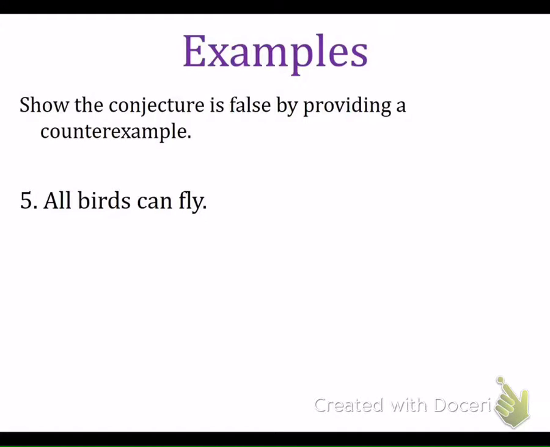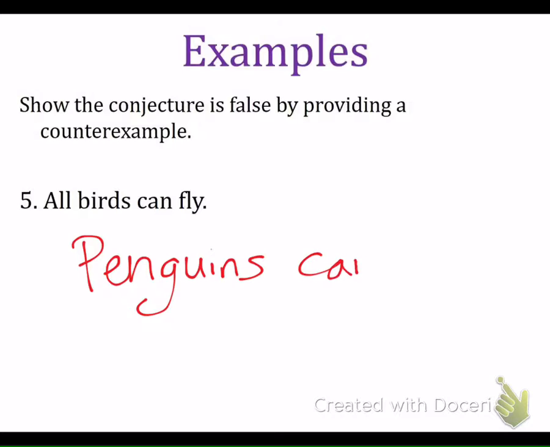Penguins? Okay. I thought penguins could even. You counted yourself as a bird. Oh, man. Chickens can't fly. Ostriches. There you go. Penguins can't fly. Ostriches can't fly. I'm gonna just put one. Yeah, but remember, you only need one. Ostrich. Yes. Actually, chickens can fly. Tell them again. Chickens can?